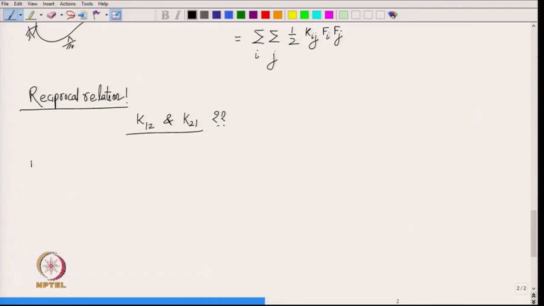Okay. So, let us think that we have only force F1 acting on the body, all right, and no other force. So, in that case what is the energy stored?